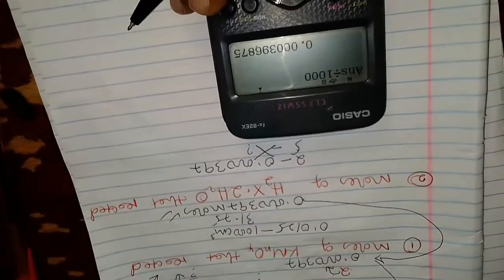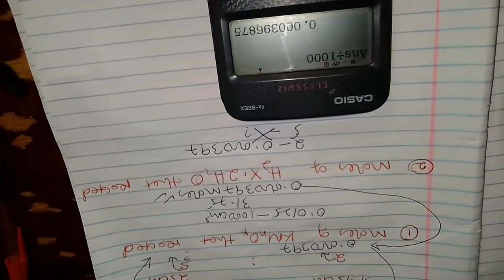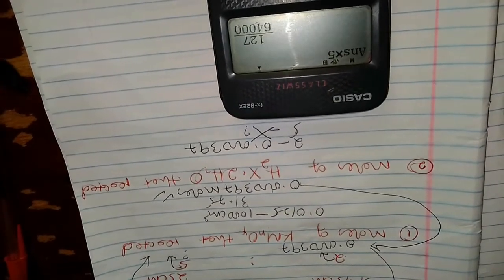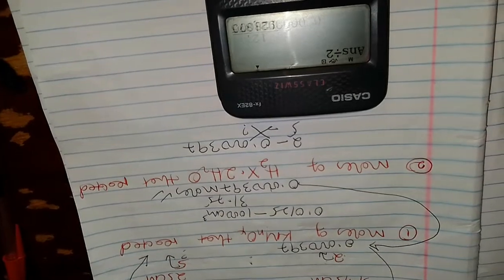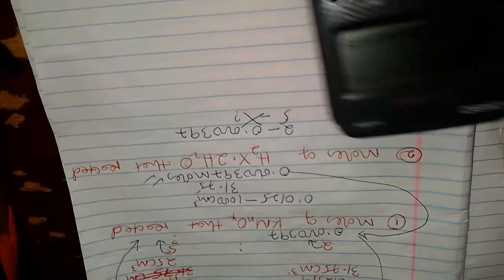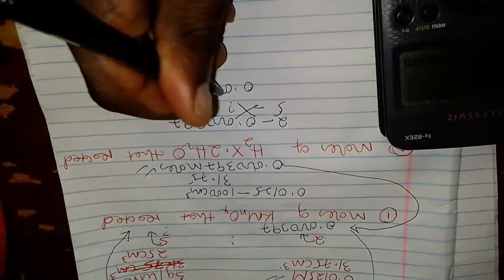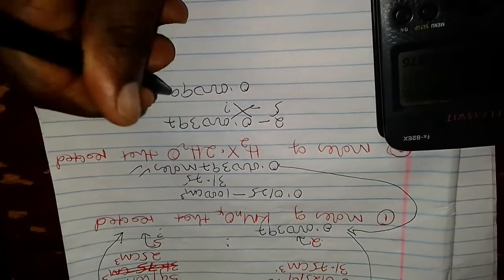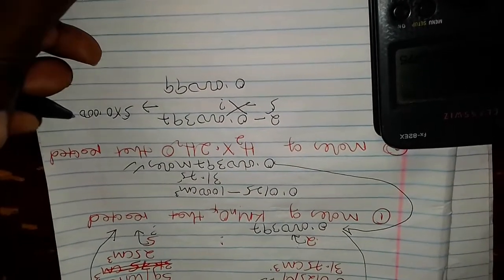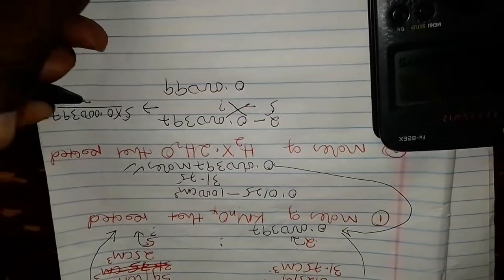So that's the point. So I can say answer times 5 and divide by 2. So I'm going to get 0.00099. Good. So I'll have 0.00099. How do I get this? I'll say 5 times 0.000397 divided by 2.